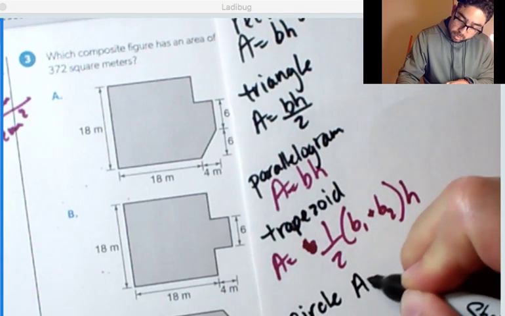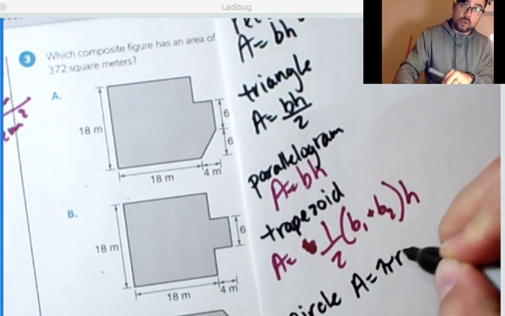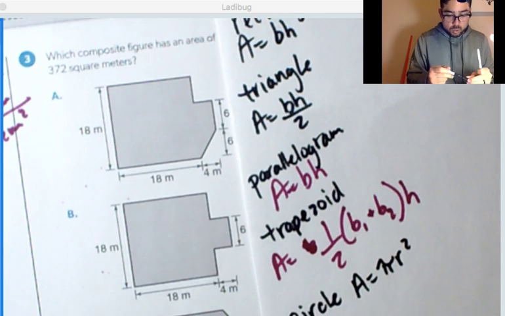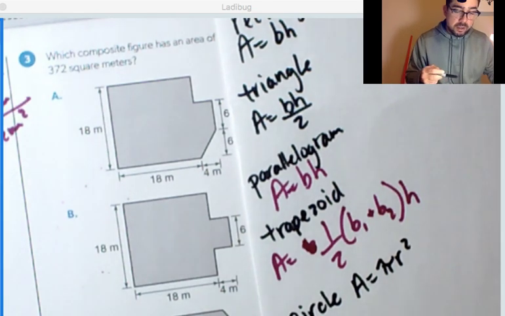Area equals pi r squared. Okay, so every time I'm breaking these shapes down, I'm trying to figure out which shapes are there.